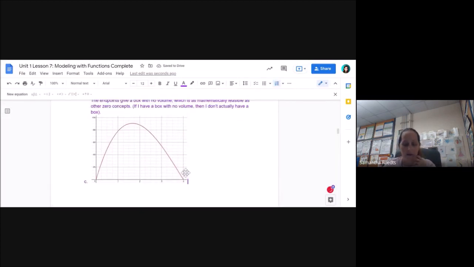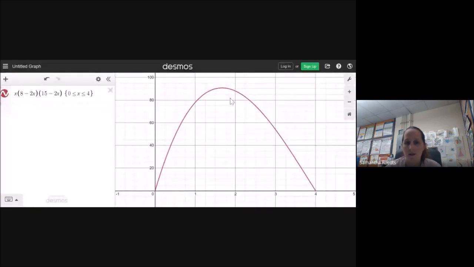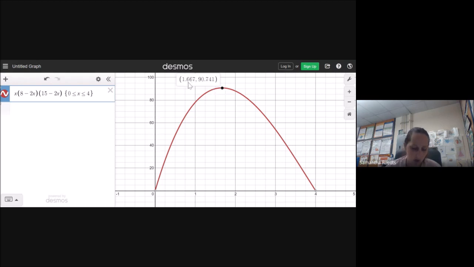So again, with this graph, I can then find the maximum. The maximum finder shows that the maximum occurs at the point 1.6, which is 5/3, and 90.741.